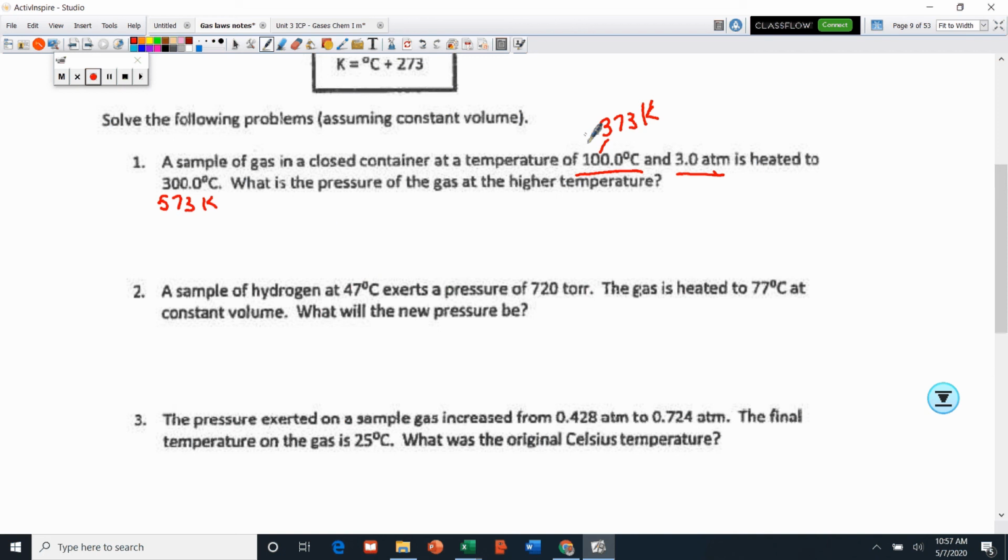All right, so this is T1, this is P1, this is T2. So plugging this in, we have 3.0 atm over 373 Kelvin equals P2 over 573 Kelvin. I almost did it wrong, we would have come up with the incorrect answer there.